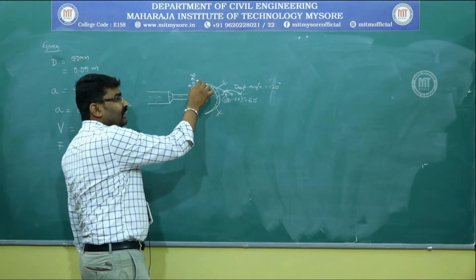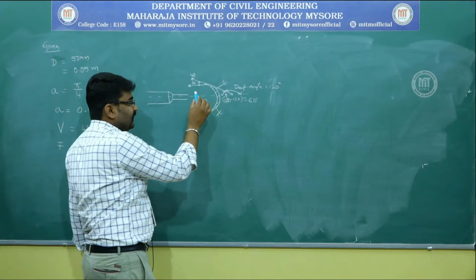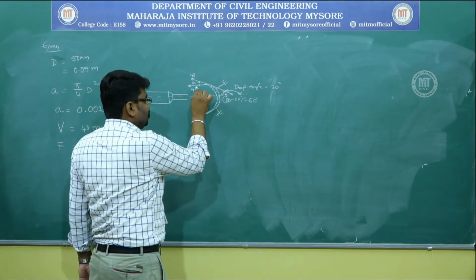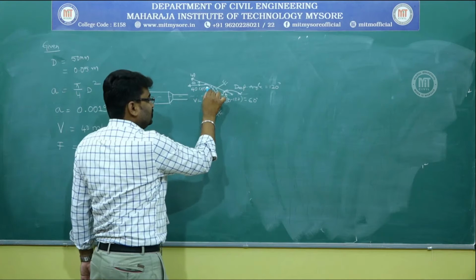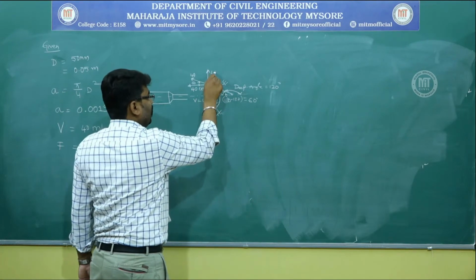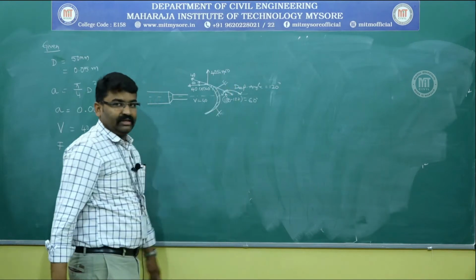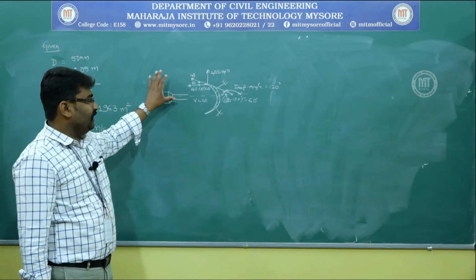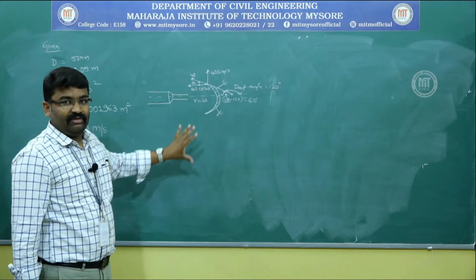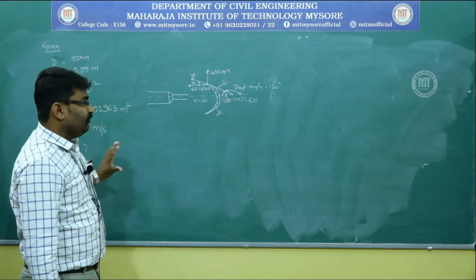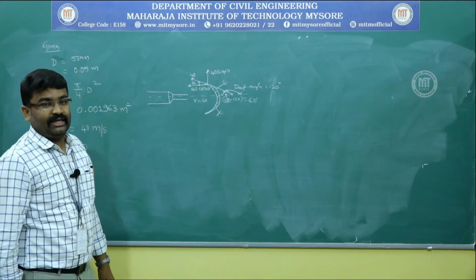The angle between the resultant and the component is 60 degrees. So this gives me 40 cos 60, and the vertical component will become 40 sin 60. These are all very important in view of solving this problem. So now I need to find out what is the force exerted.